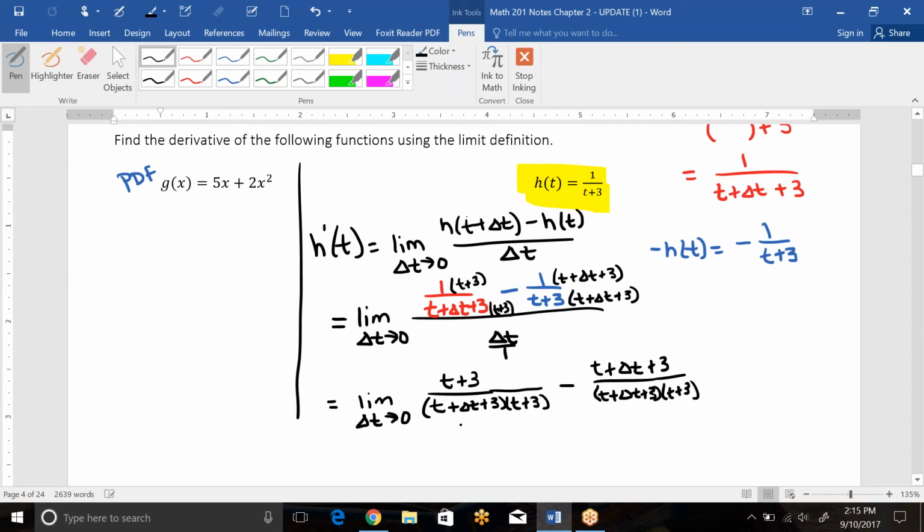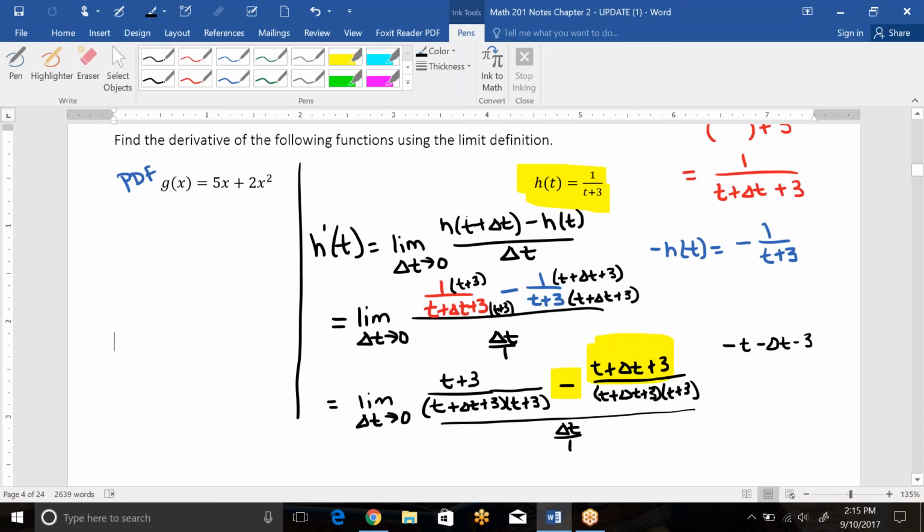Now don't be tempted to cancel any of that out, because we're going to combine the fractions now, and then this is all over delta t over 1. When you go to combine your fractions, be very careful, because this negative actually applies to everything on top. You're subtracting that whole numerator. So that actually makes that negative t, negative delta t, and negative 3, if you want to think of it as writing it out.